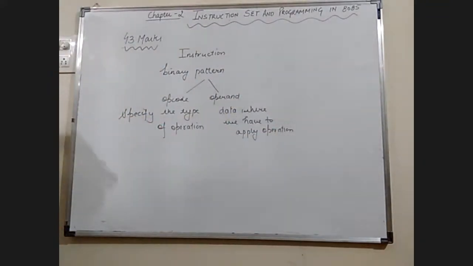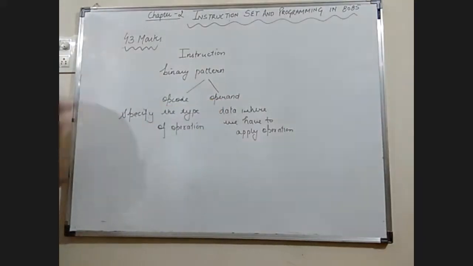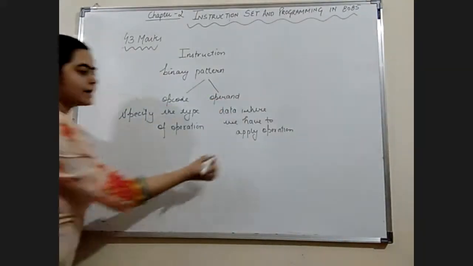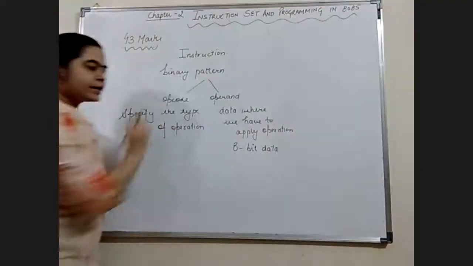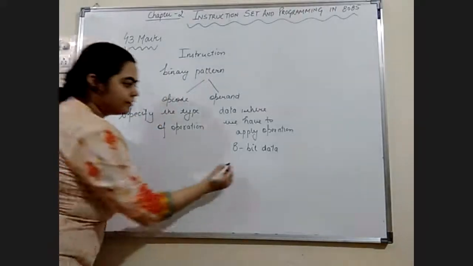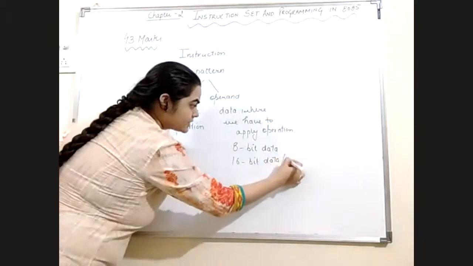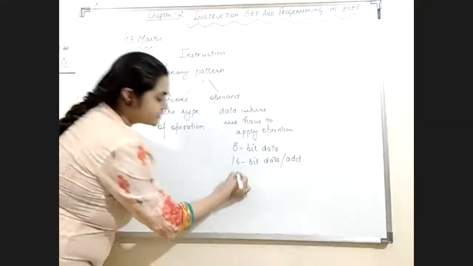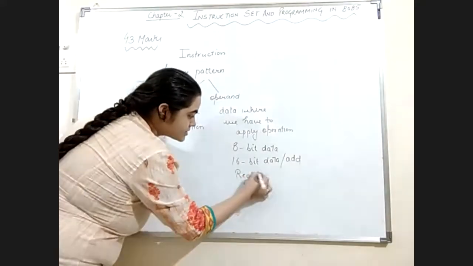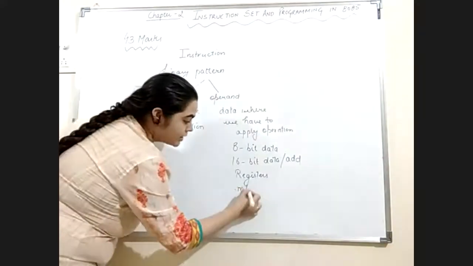Now students, in 8085, in case of operand, we can specify the operand as 8-bit data, or 16-bit data, or a 16-bit address. Or there can be registers present as an operand, or any memory location.